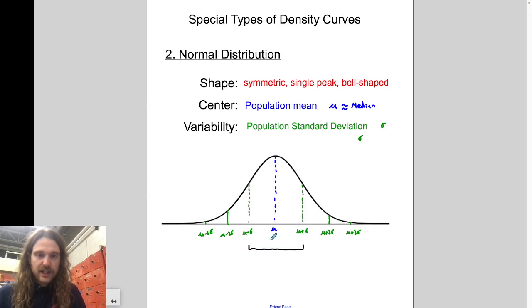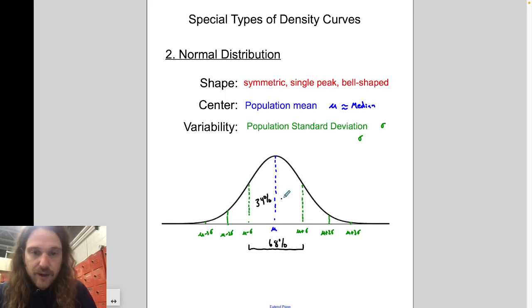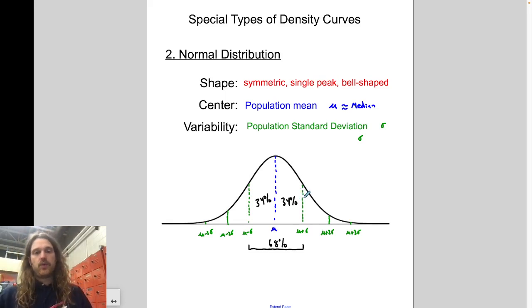So between here and here, we have 68% of the data. Since they are symmetric, and this is the halfway point, we know that there is roughly 34% of the data to the left of the mean, 1 standard deviation, and 34% of the data to the right of the mean, 1 standard deviation. Okay, great.